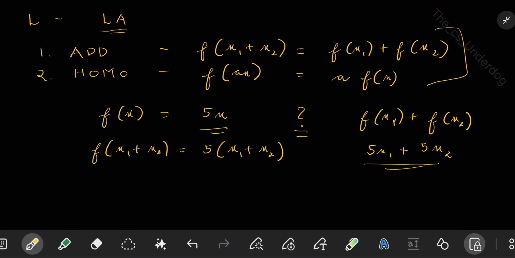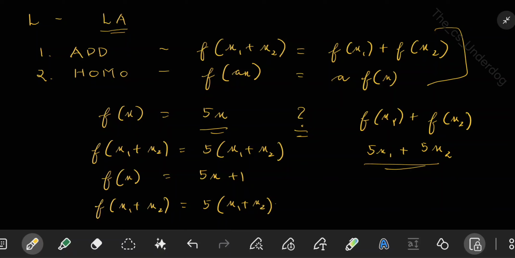Okay. So the same function f of x, if you do it 5x plus 1, then what happens? Do you think it will still follow this additivity property? If I do f of x1 plus x2, then it will be 5 into x1 plus x2 plus 1.